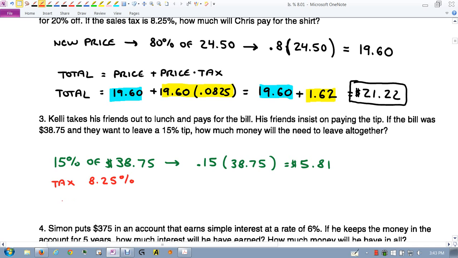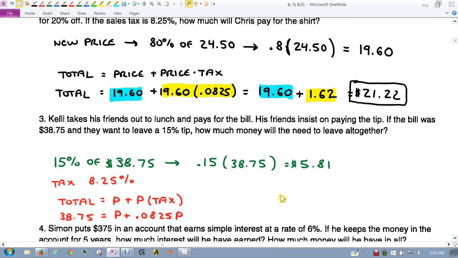So how did we determine that earlier? The total was the price plus the price times the tax. Are y'all with me? The total is 38.75. The price we don't know. The tax rate is 0.0825 times P. Does everyone understand we've already answered the question?